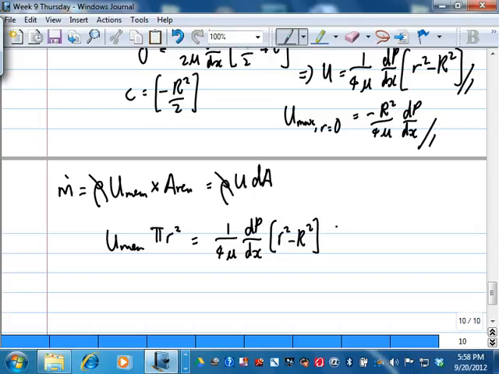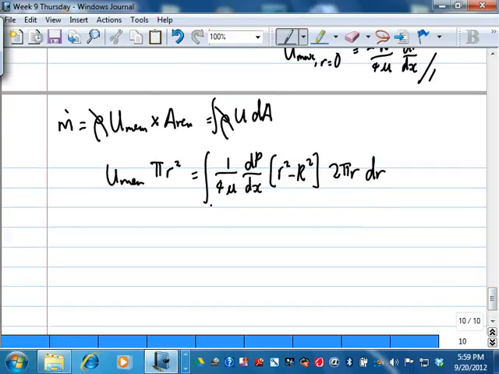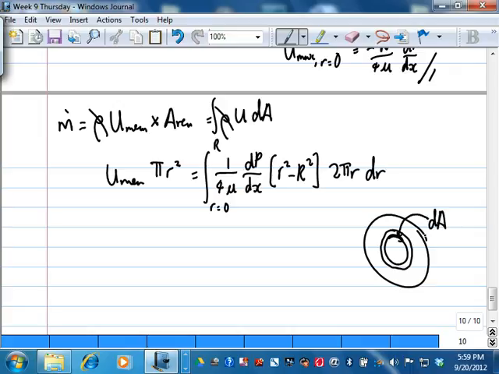dA is actually what I told you dA was: 2 pi r dr, for those who forgot, and r goes from 0 to big R. The pipe is a circle. dA is equal to 2 pi r dr, where dr is this distance here.